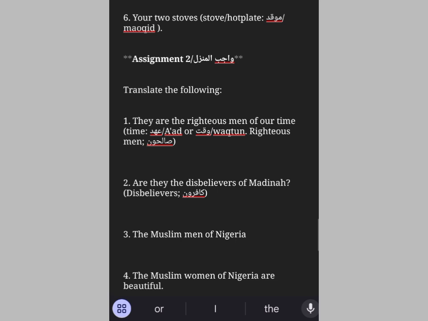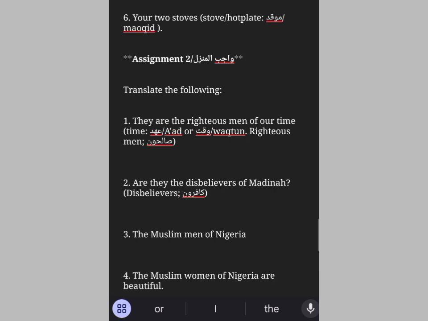Are they the disbelievers of Medina? Disbeliever is kafirun. Use the word kafirun that is provided here because we're trying to target the formation of the Idafa phrase. The Muslim men of Nigeria. Don't say rijal. Use Muslimun.